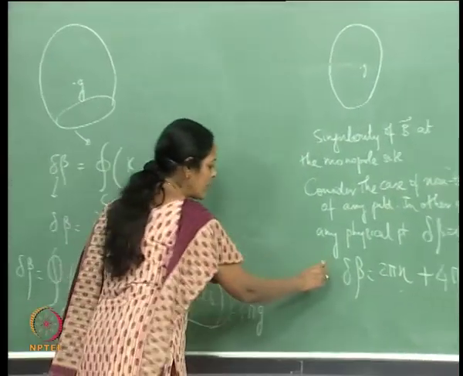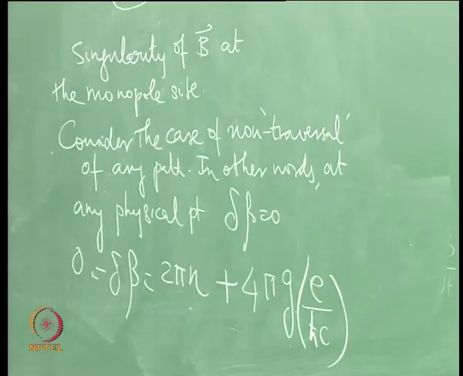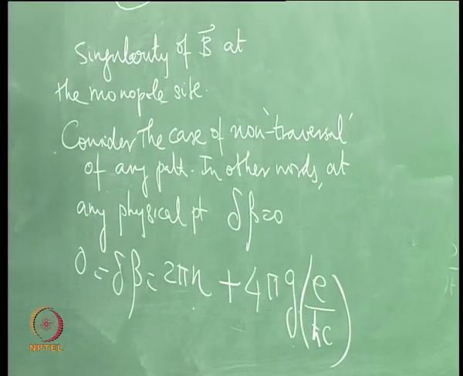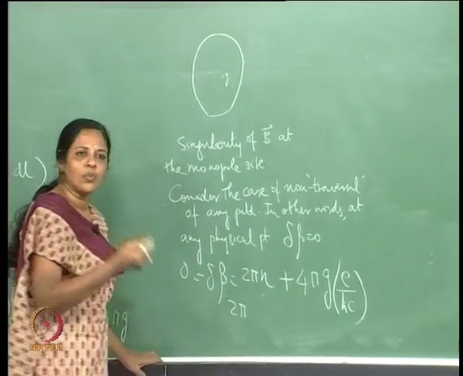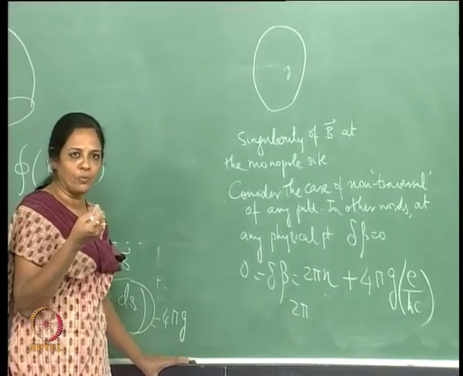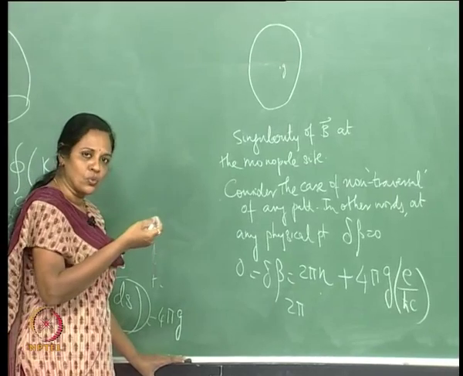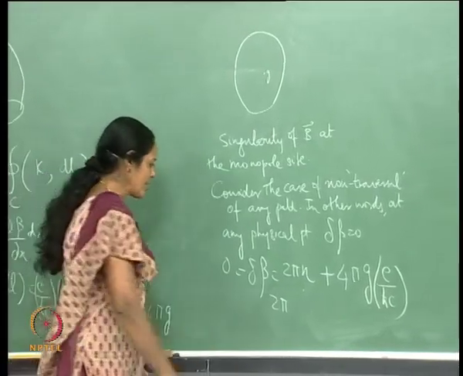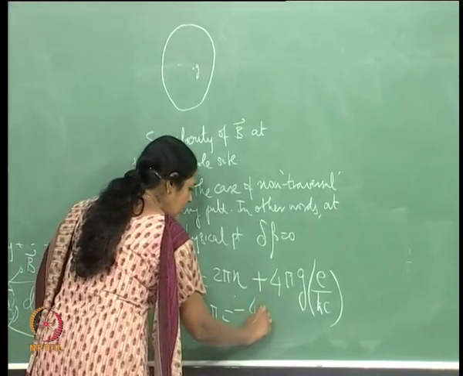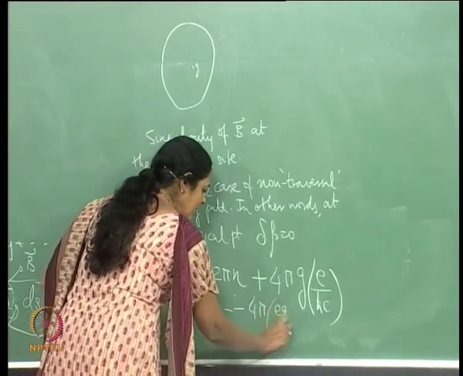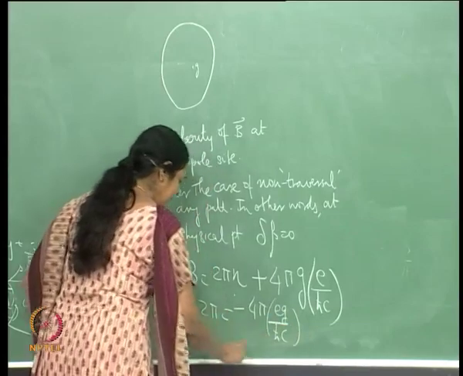So look at a situation when delta beta is 0. What does that mean? Let us set n equals 1, that means I am talking about a fundamental pole analogous to e, the electron's charge. So 2 pi is equal to minus 4 pi eg by h cross c.